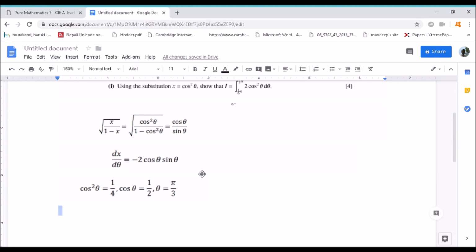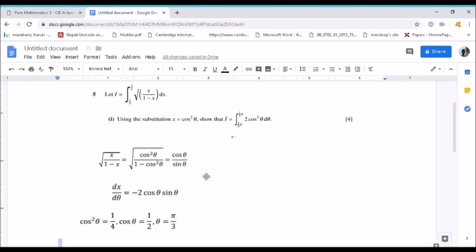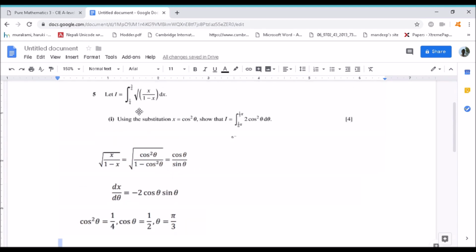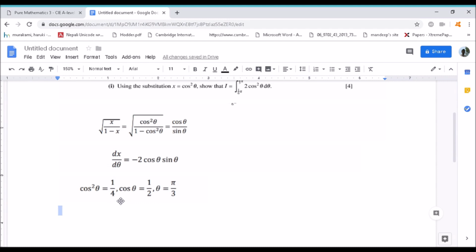I think this will be pretty fast for you, but after this we replace x by the limits we got, 3/4 and 1/4. First we replace by 1/4. So cos squared theta equals 1/4 and cos theta equals 1/2, and theta will be pi over 3.